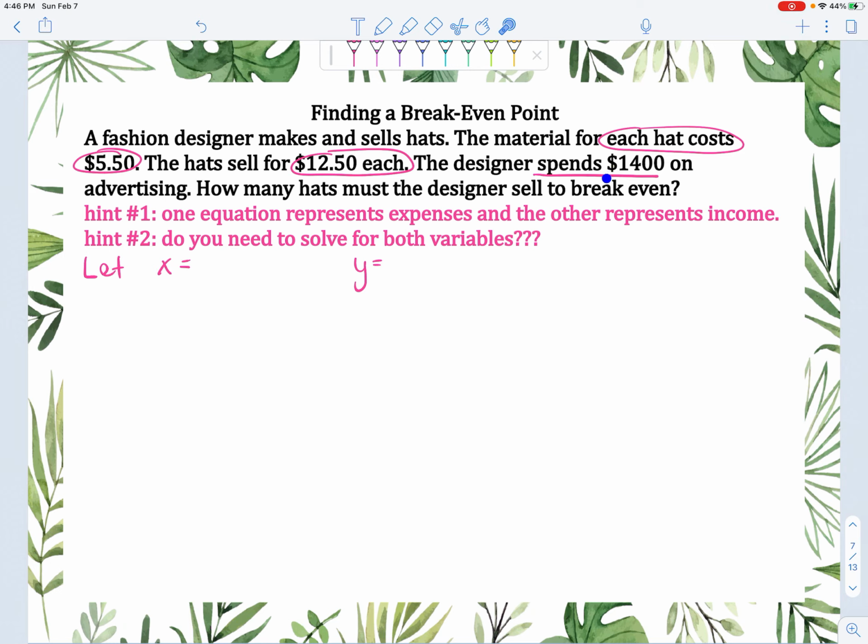The amount of money that's either spent or earned, depending on if it's expense or income, is going to depend on the number of hats. So again, money is typically our dependent variable. It's going to depend on something. So that means x has to be the number of hats.